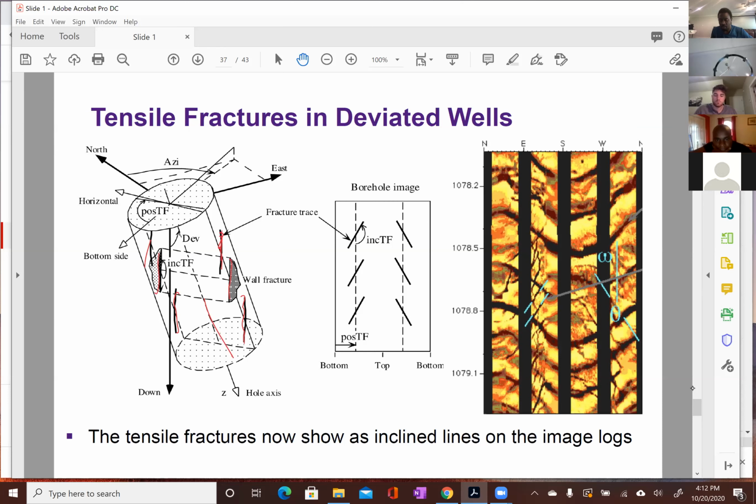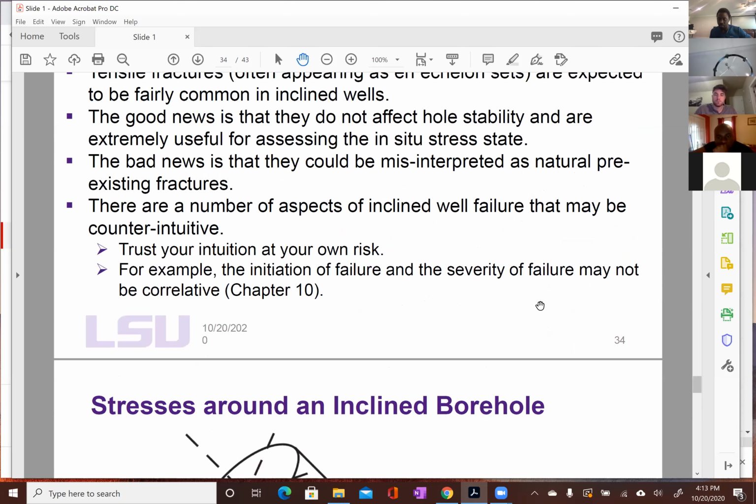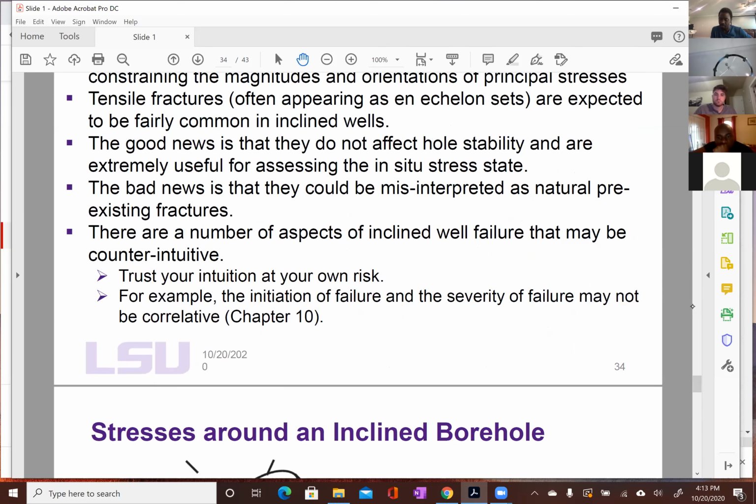And because they're looking almost vertical, when you actually look at the borehole image, they appear at an angle, because this direction is aligned with the inclination of the well. So these that were vertical now are at an angle, and that's the en echelon form that was mentioned in the slides, which I'll let you review here. That's what they appear as.